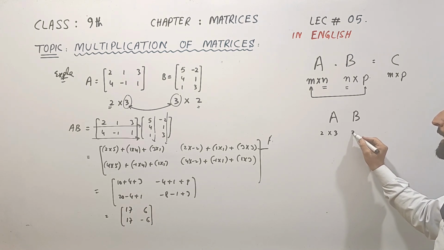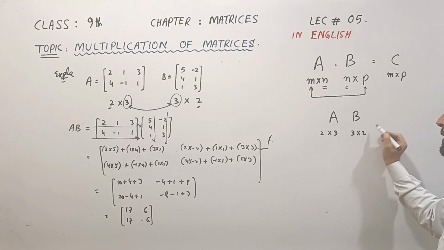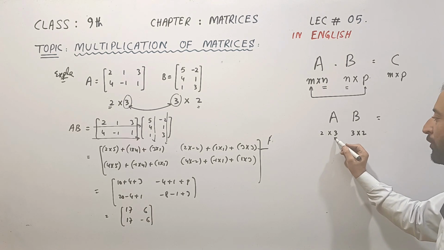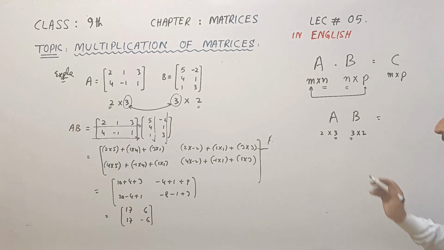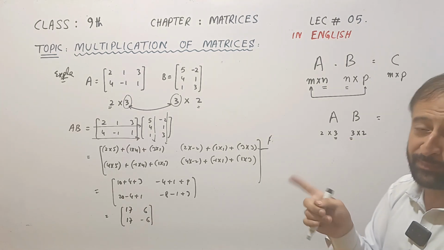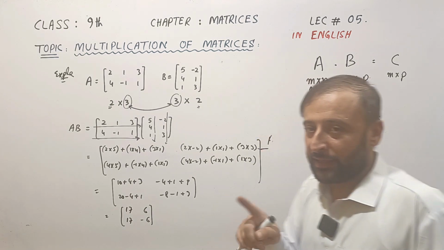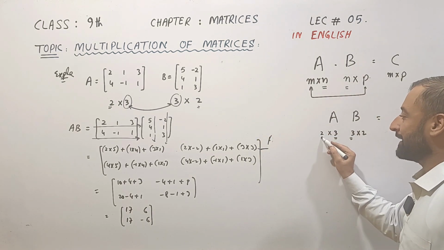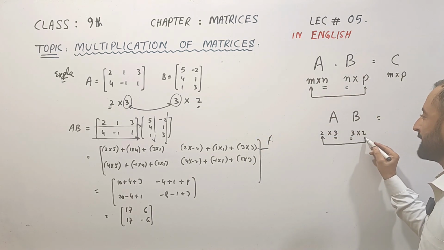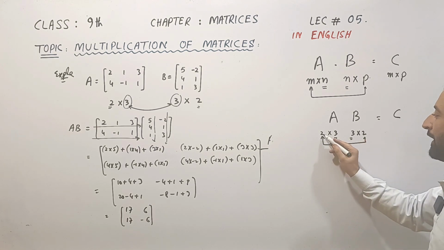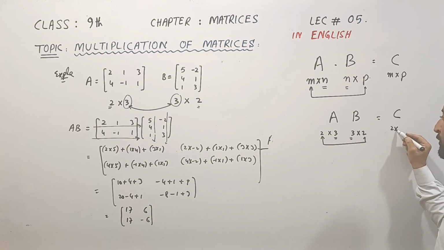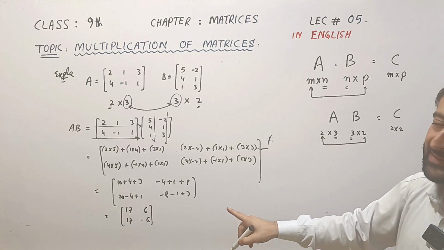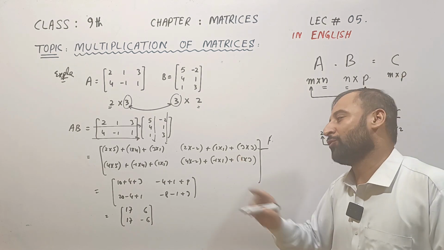Matrix B has size 3 by 2. So they have to be equal for multiplication. And if they are equal, multiplication is possible. And if the two matrices are multiplied, the resultant matrix will have this size. It will have size 2 by 2, and you can see the resultant matrix is a 2 by 2 matrix.